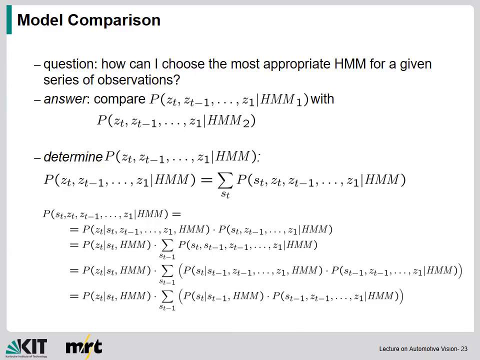So we get a kind of iteration rule with which we can incrementally build up this probability from point in time to the next point in time. The other two probabilities are just observation probabilities and state transition probabilities that we have modeled in our state transition chart.